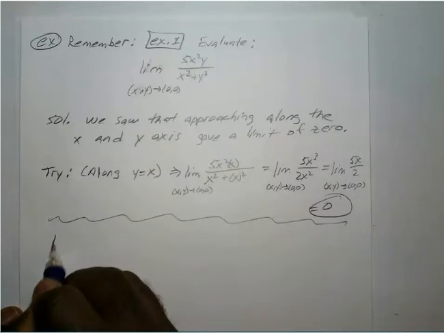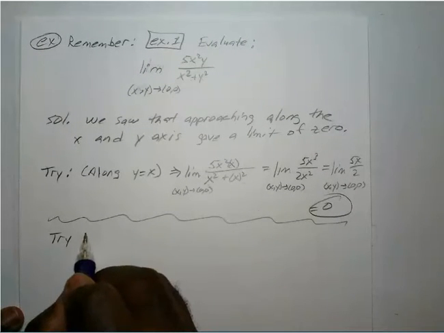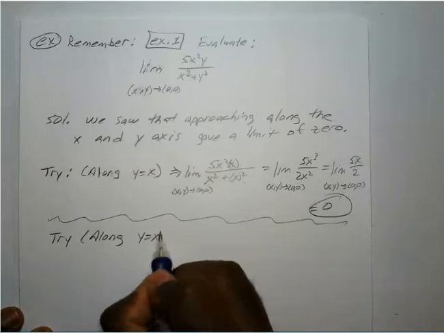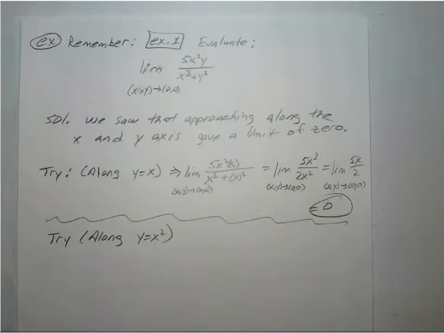What if we try approaching it along y equals x squared? Okay, so now we're going to try approaching it from a parabola.